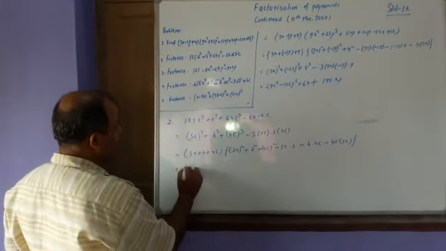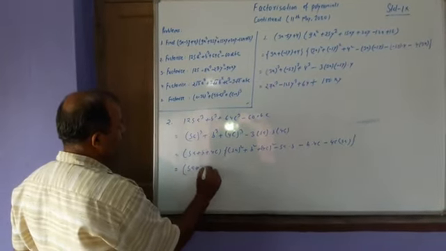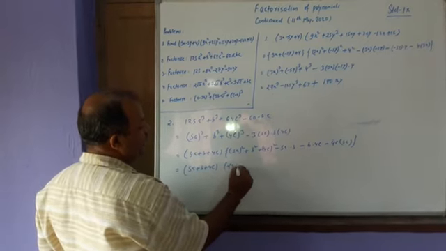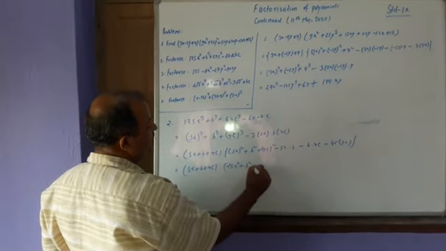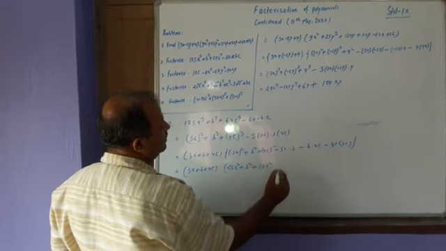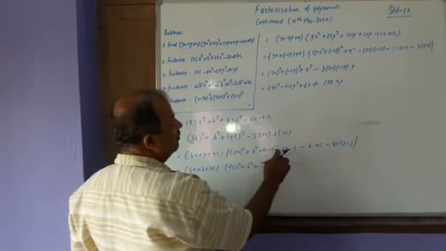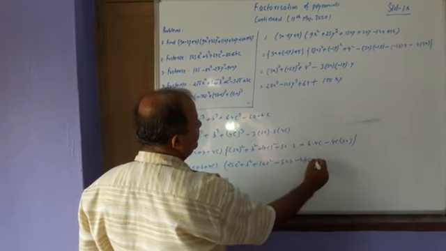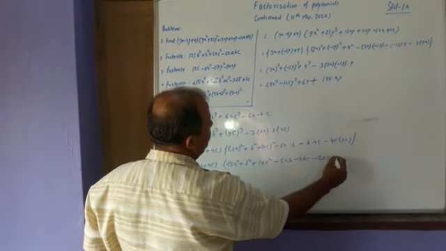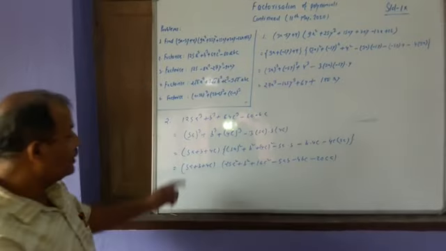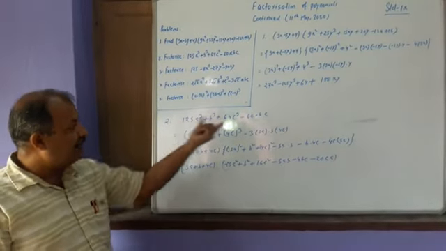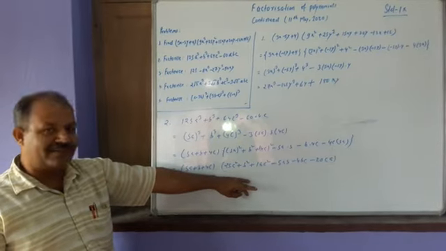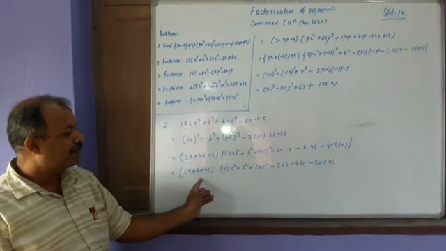This will give 5a plus b plus 4c into 25a square, b square, 16c square, minus 5ab, minus 4bc, minus 20ca. Here we have factorized this expression to find the two factors, these two.